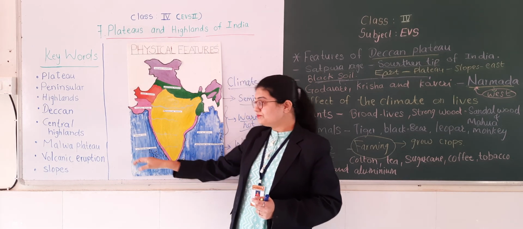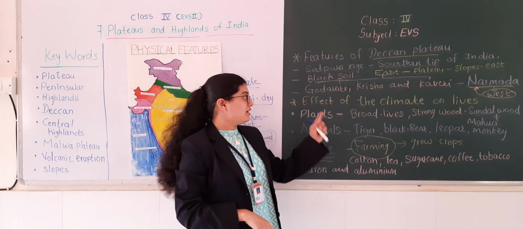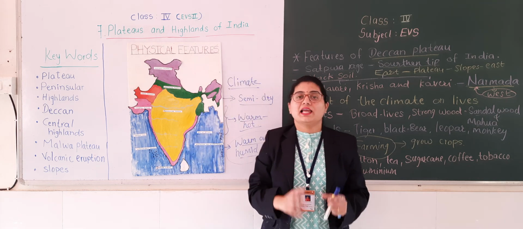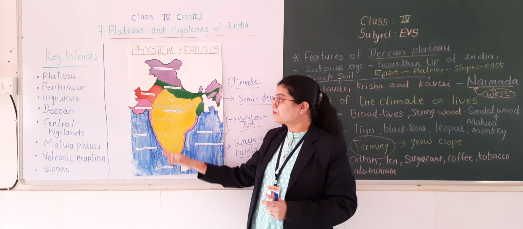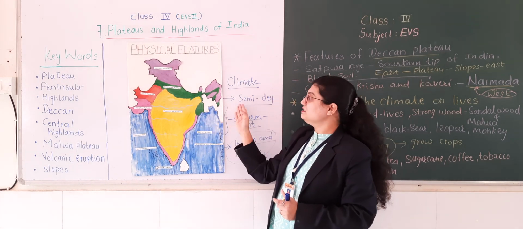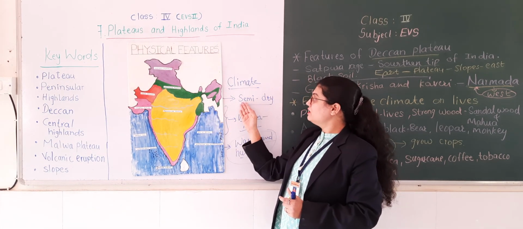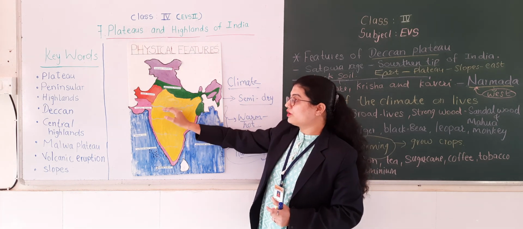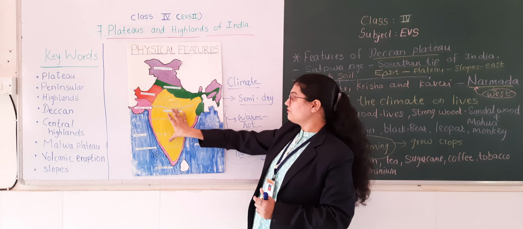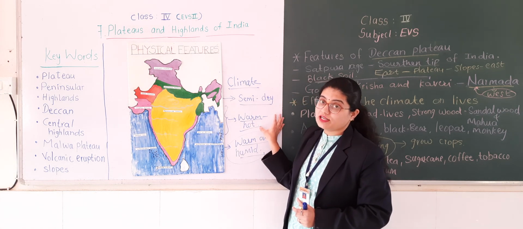Then we also discussed the climate of this Peninsular Plateau region. In the northern tip we have semi-dry atmosphere. As we move toward the south, we have warm or hot atmosphere.